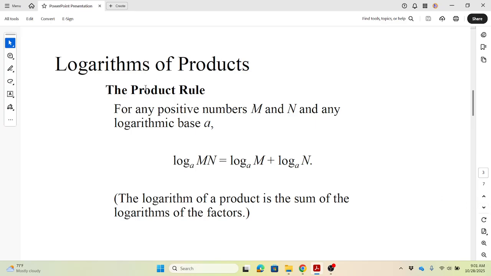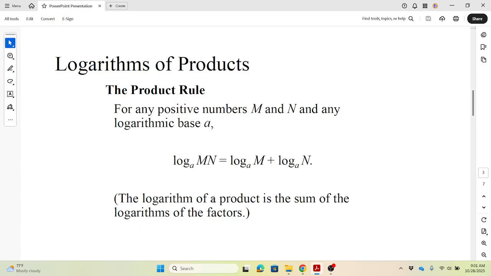So the first property, the product rule, is if you have log base a of m times n, where m and n are both positive, then this product can be expanded as a sum by taking the log of both of these expressions.